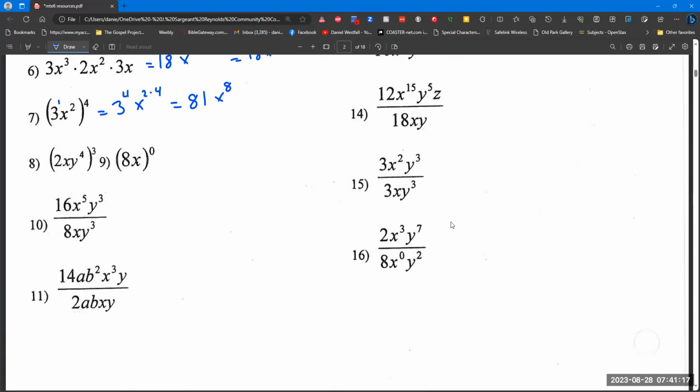Oh, we missed some spacing here between problems 8 and 9, so that didn't give me much space to work out here, but we know that number 9, anything to the 0 power is just going to be 1. So let's look at number 8 here. See if we can work that one out. This is going to be 2 to the third, x to the third, y to the 4 times 3 is going to be an 8, x to the third, y to the 12th.